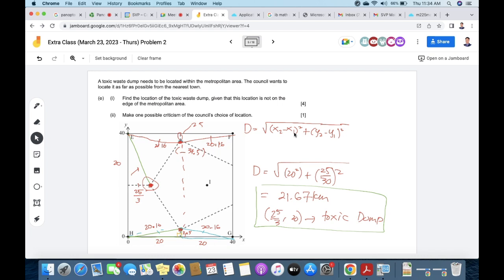Because among all the points, the nearest town is the one that is being sacrificed. When I say being sacrificed, with all the right intentions, they wanted to place the toxic dump in a location far from all points. But there will be one town that will be relatively nearer compared to the other four. Say, for example, that will be point I. Did they consider how many people are in point I? Maybe point I is a progressive town.